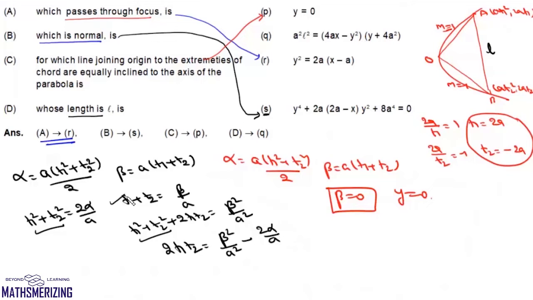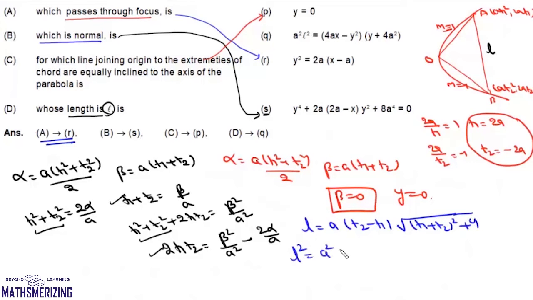Now we have t1 plus t2 and we have 2t1 t2. We need to find locus of midpoint of chord whose length is L. So we know that formula for length of the chord is L equals a t2 minus t1 under root of t1 plus t2 whole square plus 4. Now we'll square it. If we'll square it, we'll get L square equals a square, and will be t2 minus t1 whole square, and this is t1 plus t2 whole square plus 4.